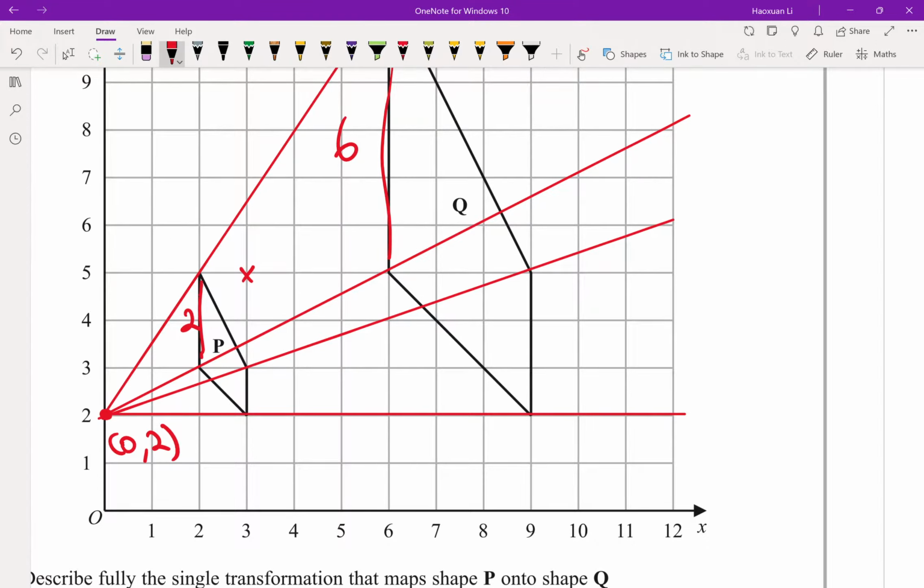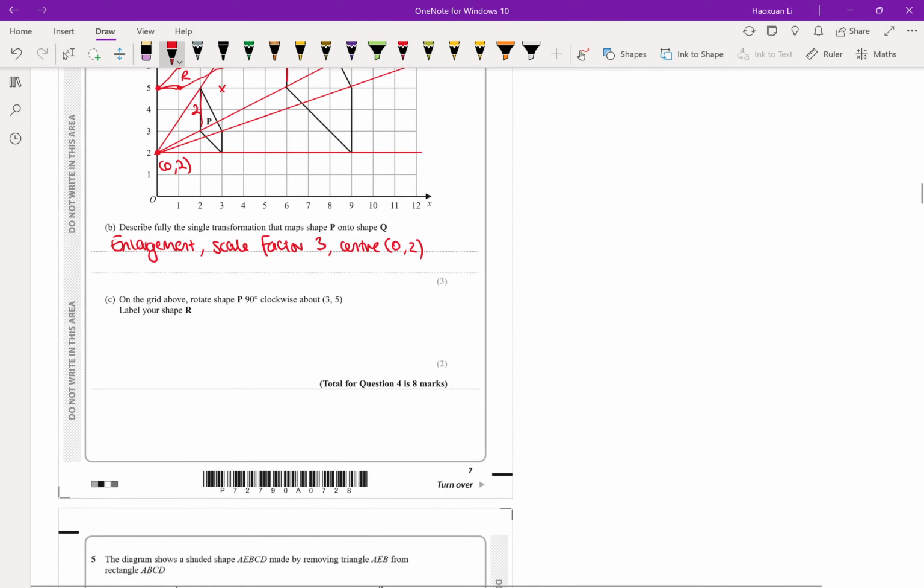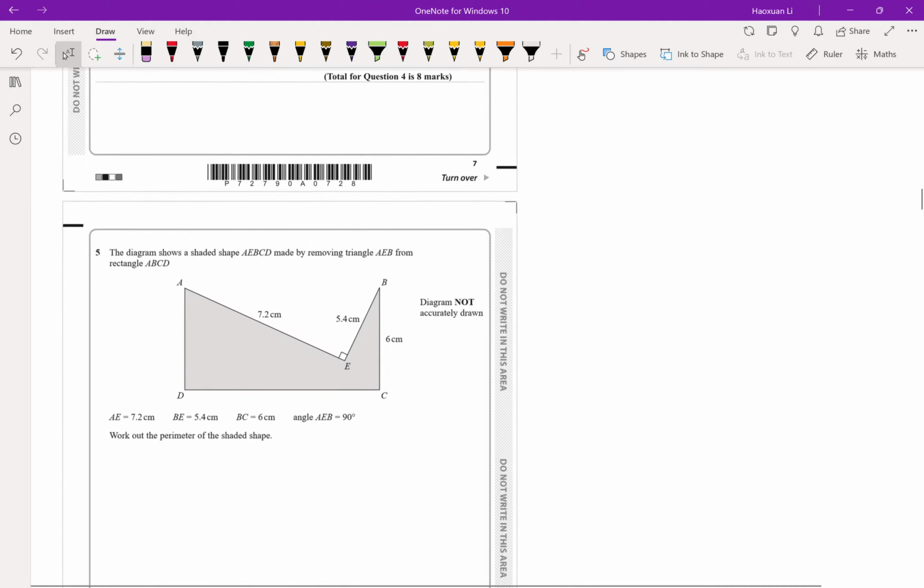But if you actually drew this, you should get 0, 5, 1, 6, 3, 6, and 1, 5. So if you line them together, that'll be R here. So that's the 2 marks.